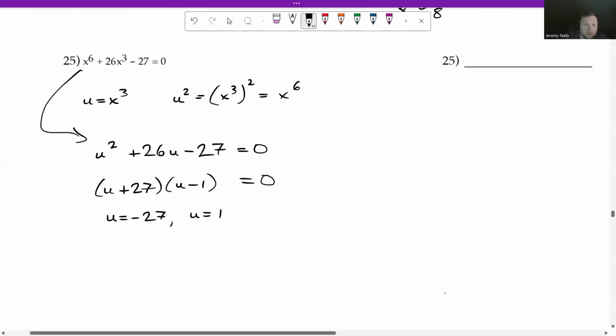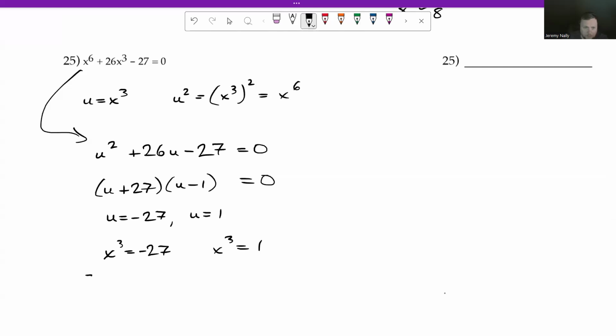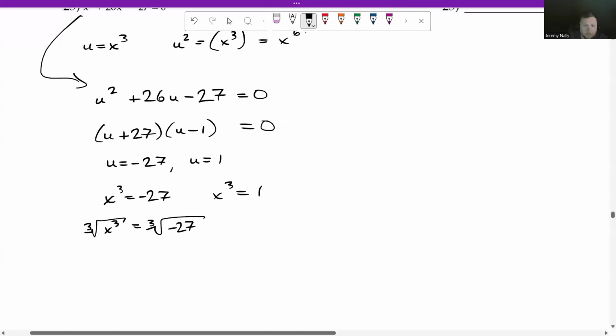And then we have to substitute back. So now this is x cubed equals negative 27 and x cubed equals 1. So then when we do the cube root of each side, the cube root of a negative, that's fine.